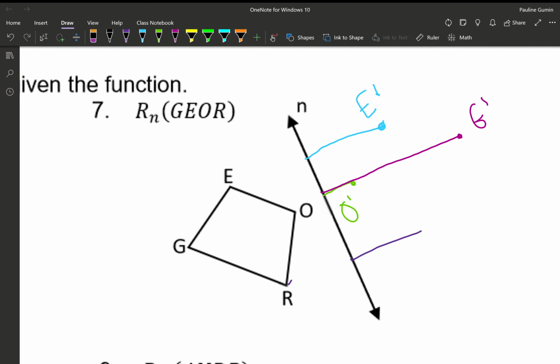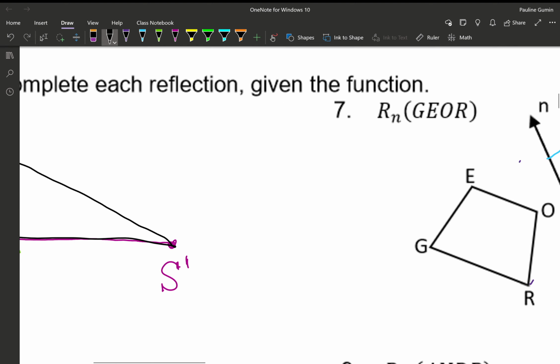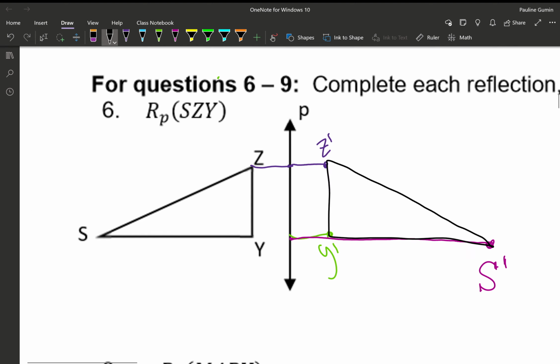Now, I don't think mine's going to turn out to be a perfect trapezoid like the original image, but I'm going to get close enough. And if you get close enough, and I see your intention, then hey, we're good. Okay, let's do it. We're going to connect G to E to O to R and back. Hey, that is not bad.